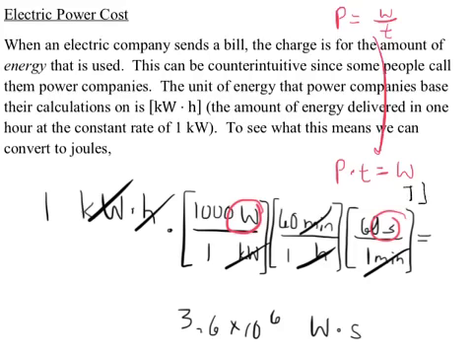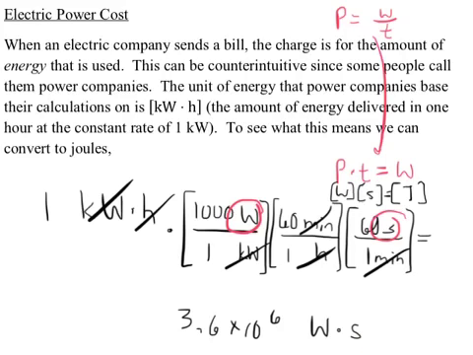Work is measured in joules, power is measured in watts, and time is measured in seconds. So it turns out that a joule is also just a watt times a second. Based on our formula for power, moving the t over here, we get power times time is just work. Work is in joules, so a joule is a watt times a second.